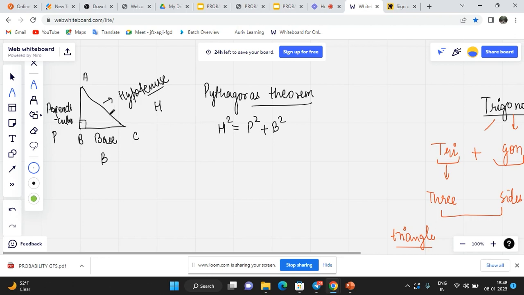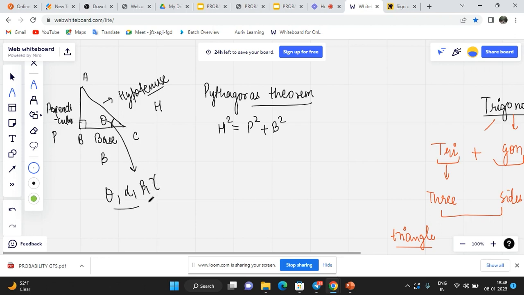Now, for example, suppose this angle C is making some angle here, which is generally denoted as theta. You can mark it as theta, alpha, beta, gamma, anything.